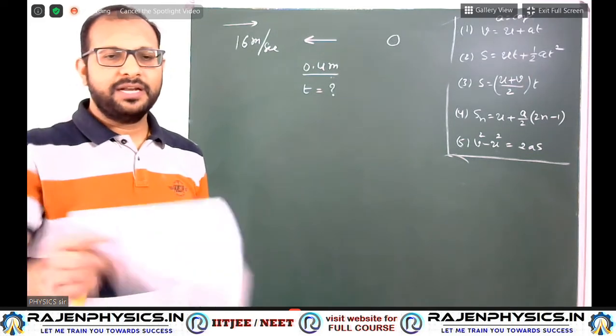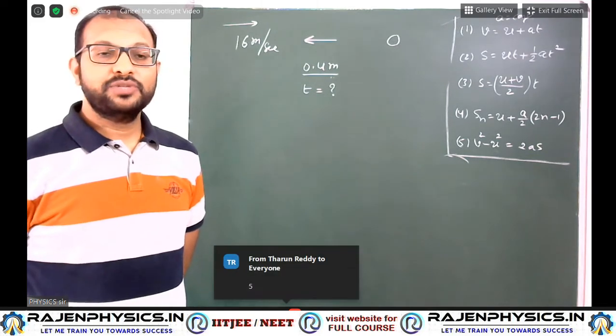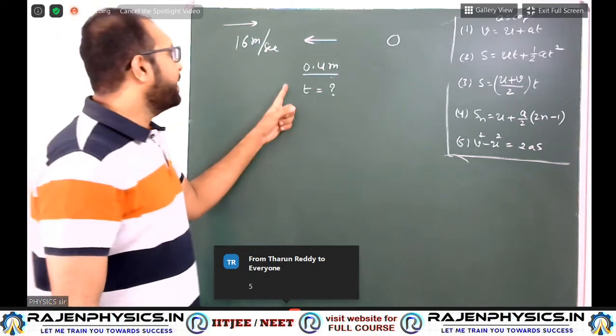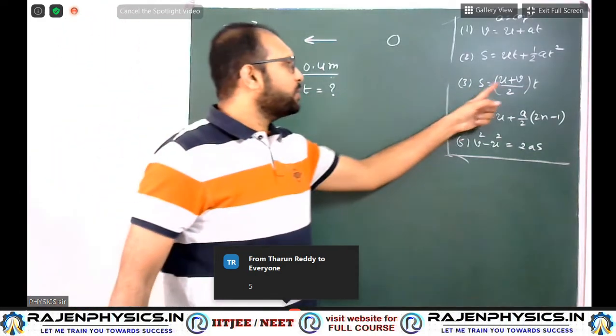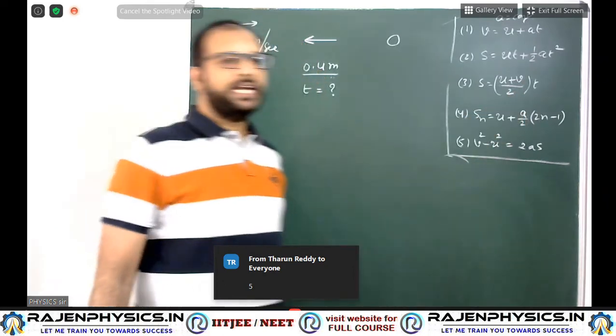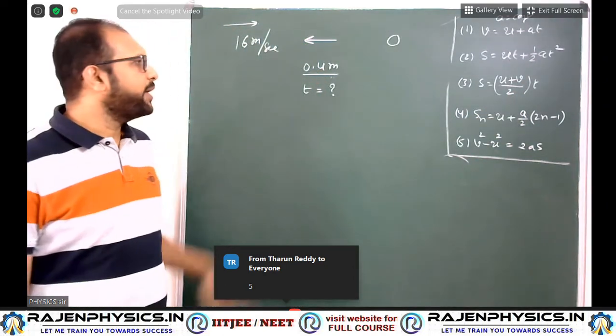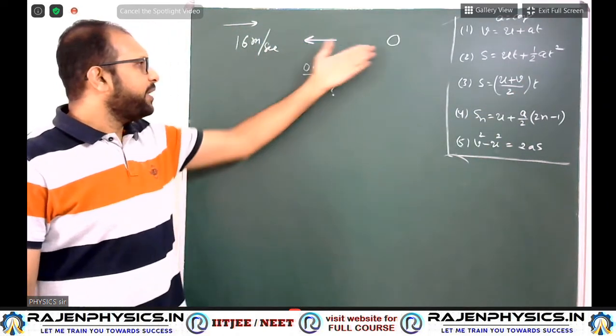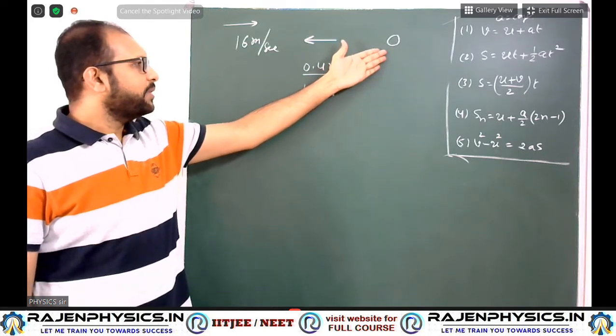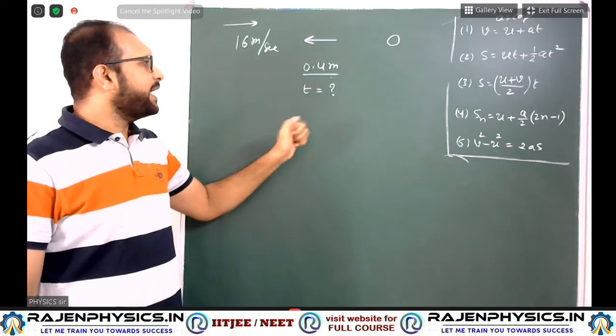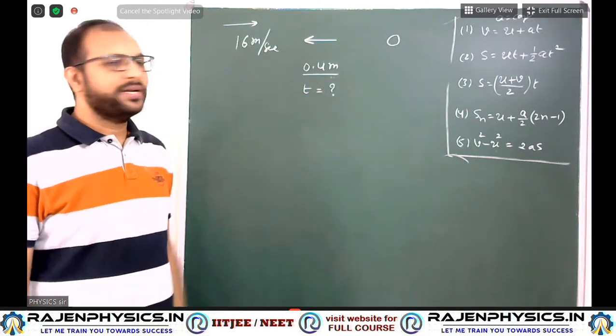One student suggested using the single equation, S equals (U plus V) by 2 into T. Very good. Because U we know is 16, V we know is 0, by 2 into T. T is the target, and S we already know.